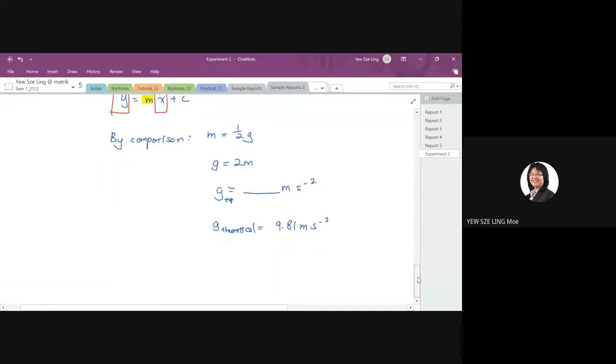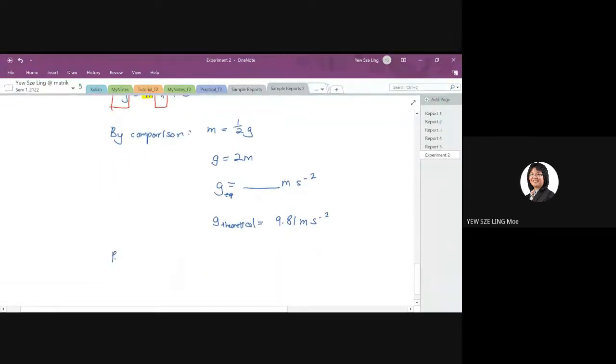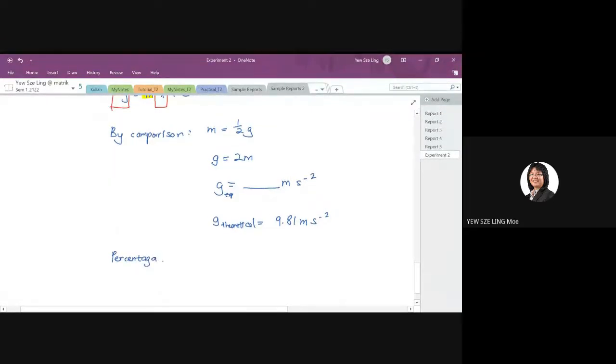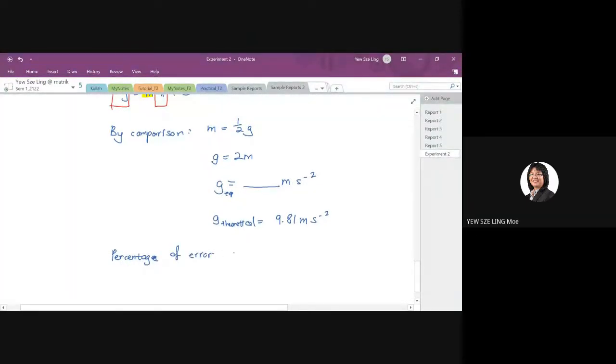Therefore, we can calculate the percentage of error. Percentage of error is the comparison between the experimental value and the theoretical value. For percentage of uncertainty, we look at how many percent of error the uncertainty contributes towards our readings.